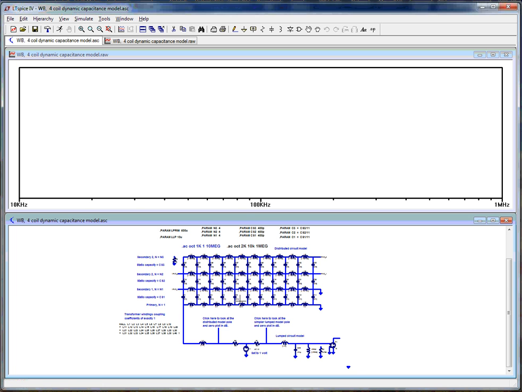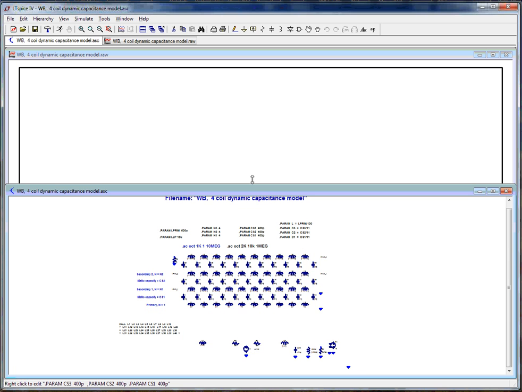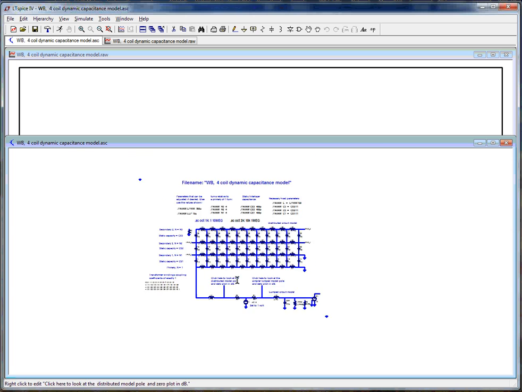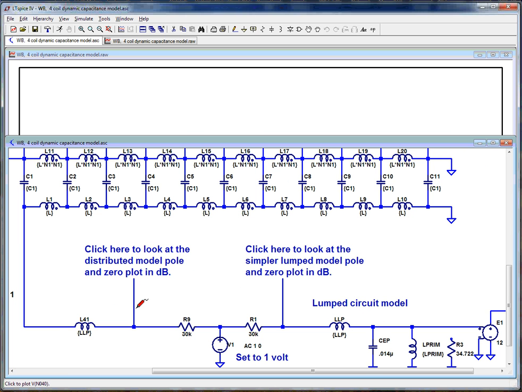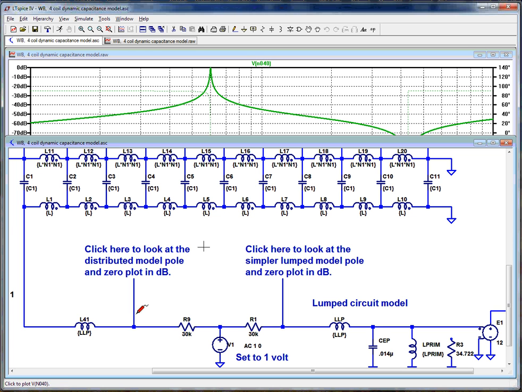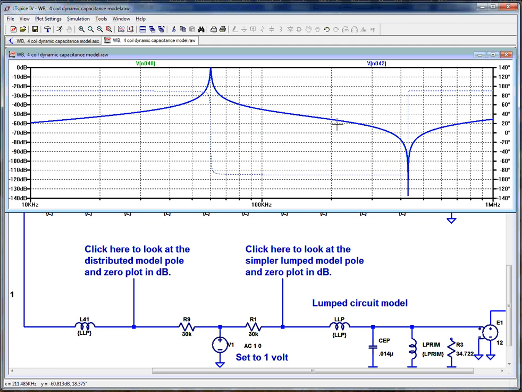Okay, it's done. And let me expand this a little bit for you. Now we look here, and we see the impedance at that point. If this is the right number, we should see the same thing. And we do.